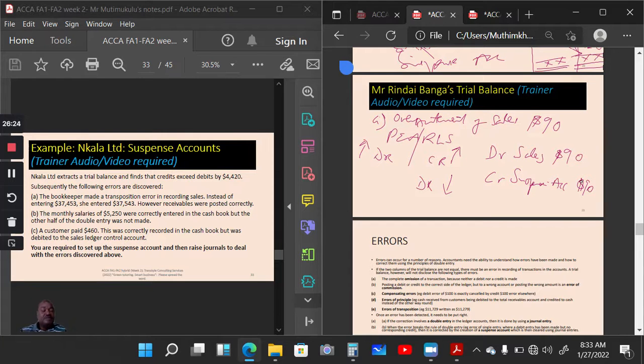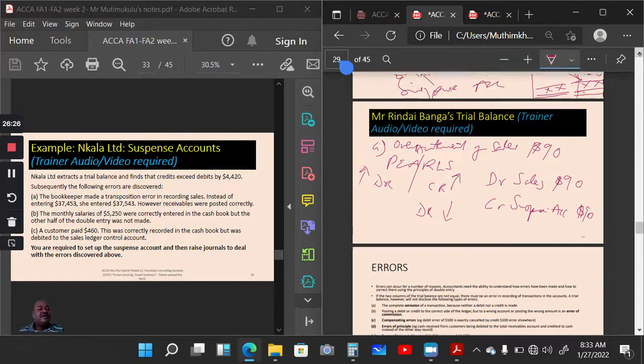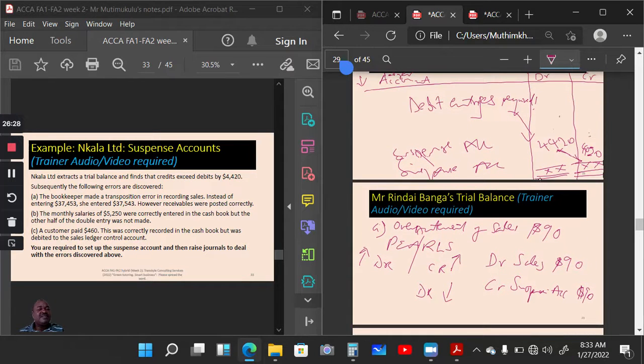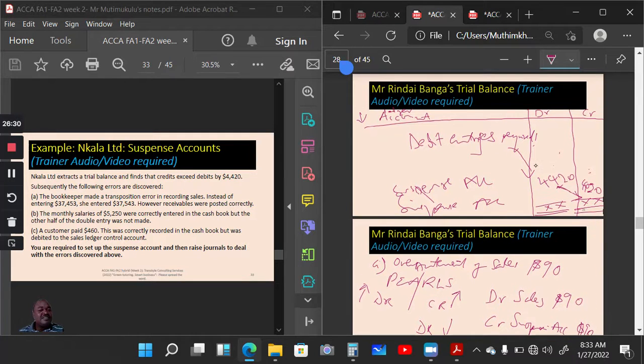Automatically, the suspense account, you can see that it is already on the debit. So to close this suspense account, we have to credit it, and part of the credit amount is $90. You can see there is a consistency in the way we are doing things.